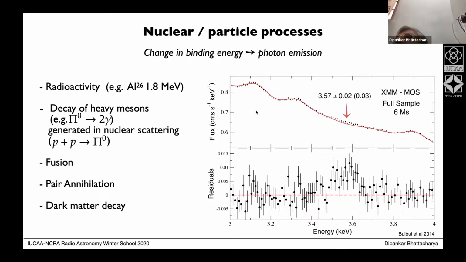Initially, about 5 years ago, there was a report that by observing X-ray emission from clusters of galaxies, one is able to see a small deviation near 3.5 keV, and that was attributed to a possible decay of dark matter. This result is still to be fully confirmed, and one doesn't know whether this actually exists or not, but it would be fascinating to find such a signature. And that will tell us clearly about what the dark matter may be composed of.